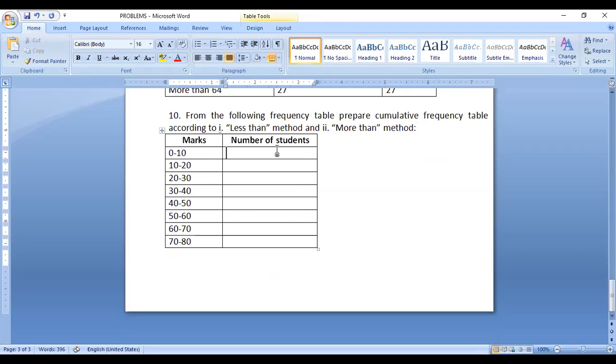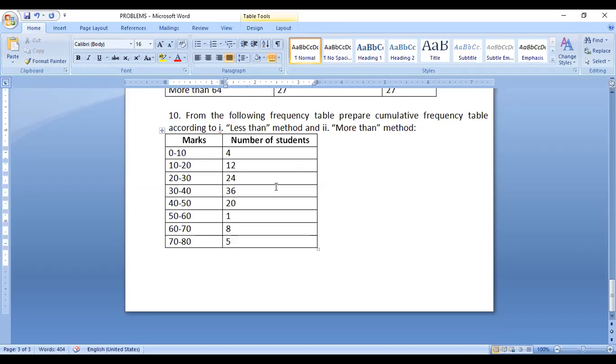Number of students: 4, 12, 24, 36, 20, 1, 8, 5. This is the problem that has been given.